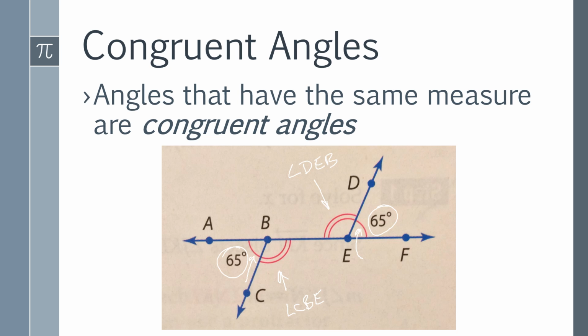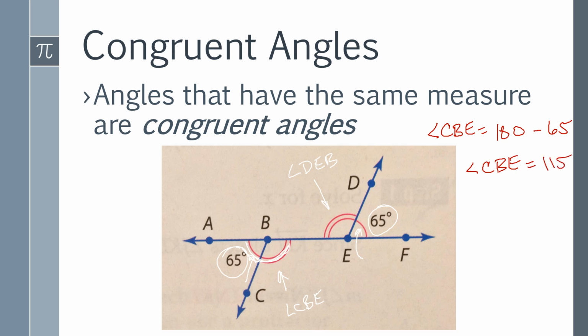Now, how would we know that those two angles are congruent? Well, we can look at this and say, since this whole thing is 180 degrees, to figure out what angle CBE is equal to, angle CBE is equal to 180 minus 65. So angle CBE is equal to 115 degrees.